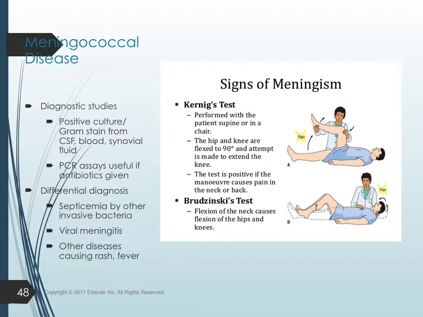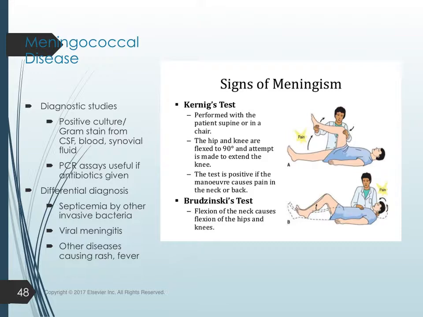I do both of these on patients who present with that classic triad. If you have not practiced these tests, we can go down to the lab and practice those. You can read through how to perform the test, but they look for meningeal signs in the neck.